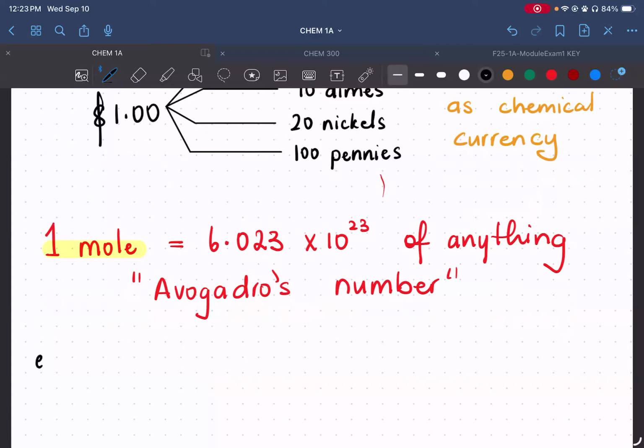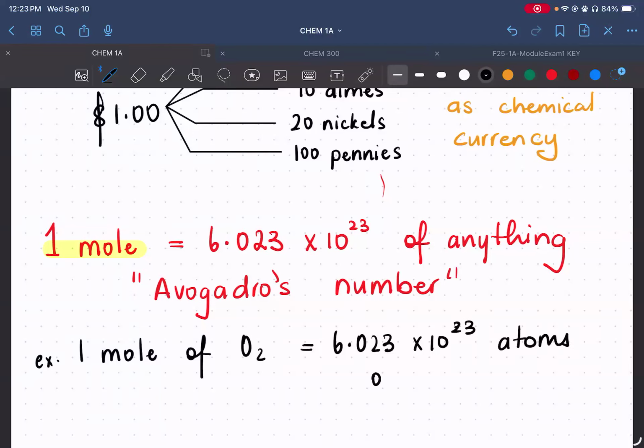What this tells us, for example, is that 1 mole of O2, so 1 mole of oxygen, is equal to 6.023 times 10 to the 23 atoms of oxygen.